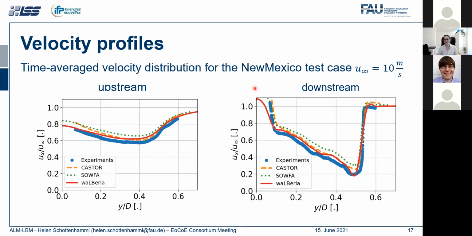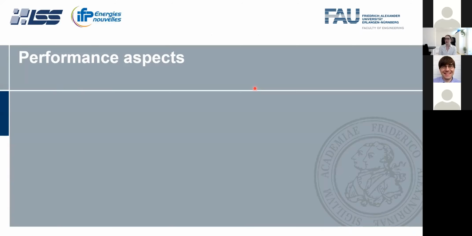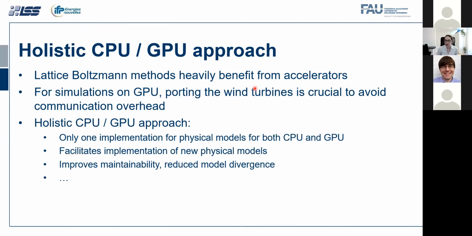Now we do, of course, care about performance, not only physics, but also performance. So I will detail a bit the performance aspects. I already mentioned that the Lattice Boltzmann methods heavily benefit from accelerators like GPUs due to the high parallelism.